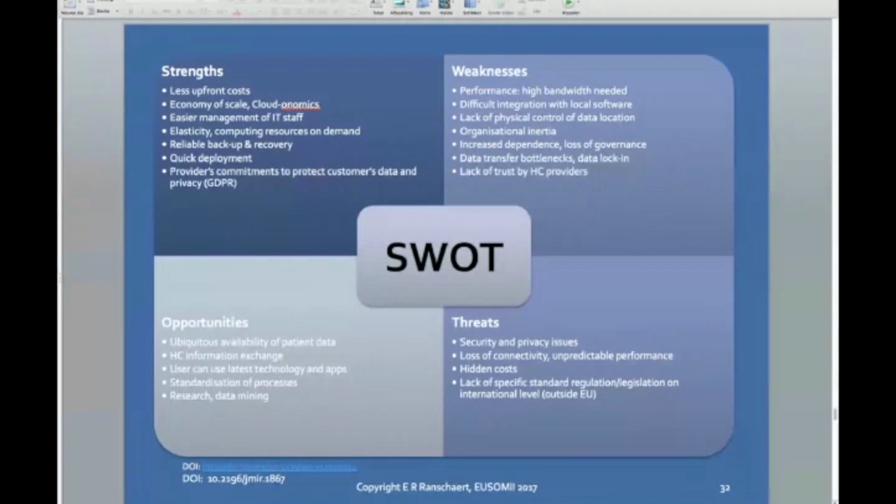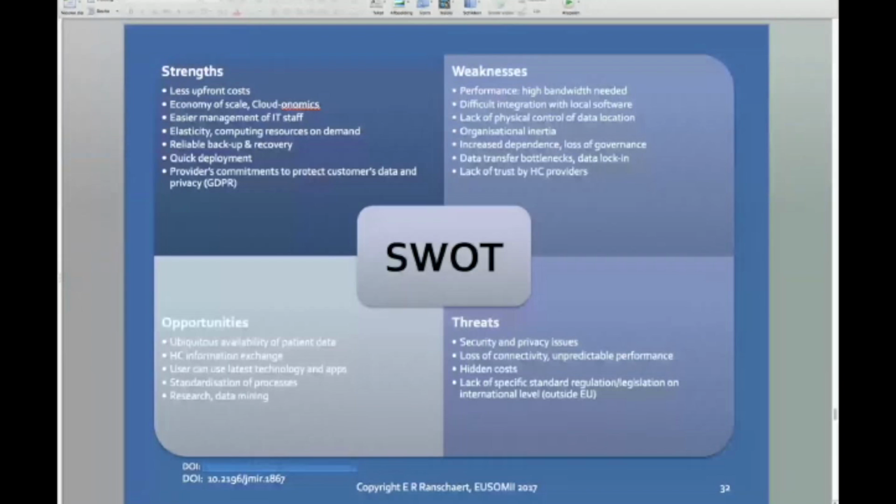So here we have a scheme of the strengths, weaknesses, opportunities, and threats. I will not go through all of them, but the main strengths are important. There are lower costs, cloud dynamics, easy management of IT, elasticity, and we also have the GDPR, which means a guarantee for the patients.